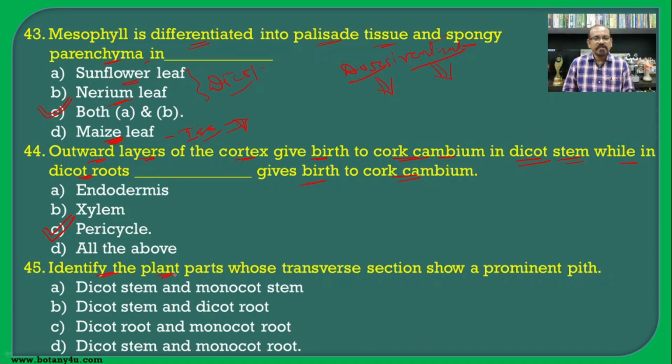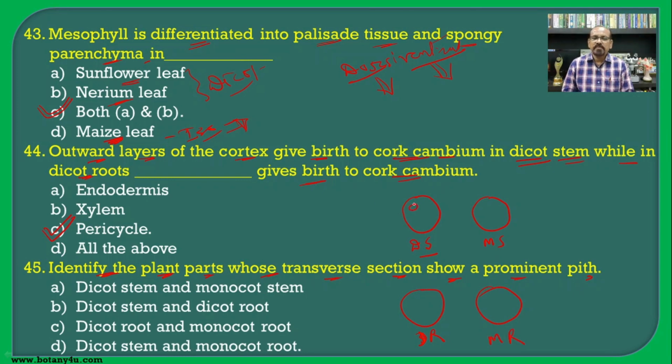Then identify the plant parts whose transverse section show a prominent pith. So you should remember these different structures. For example, this is the dicot stem, this is the monocot stem, this is the dicot root, and this is the monocot root.